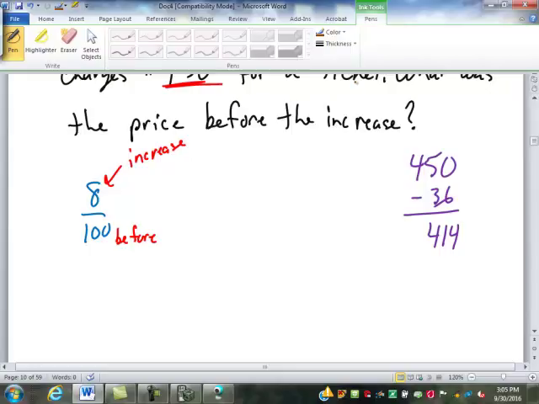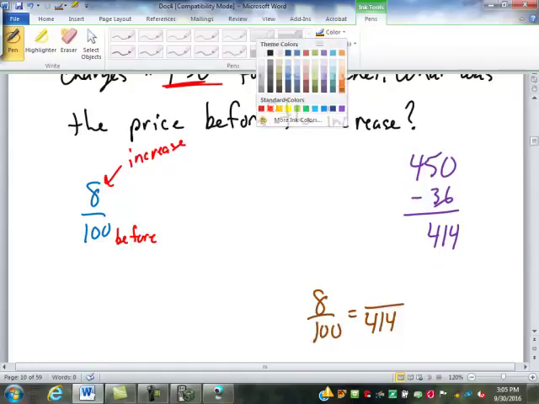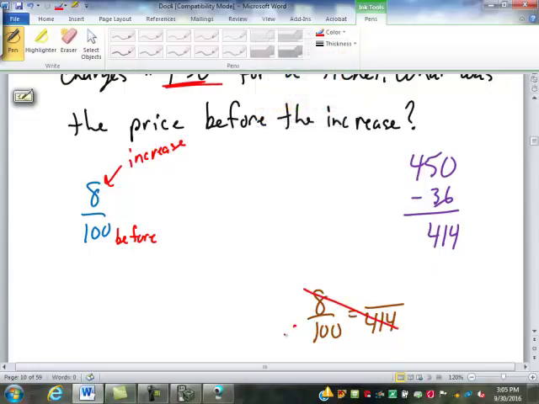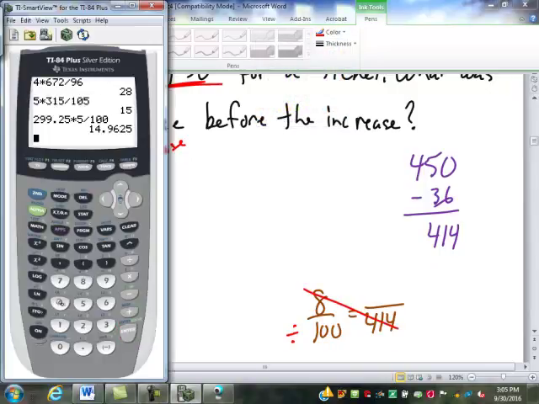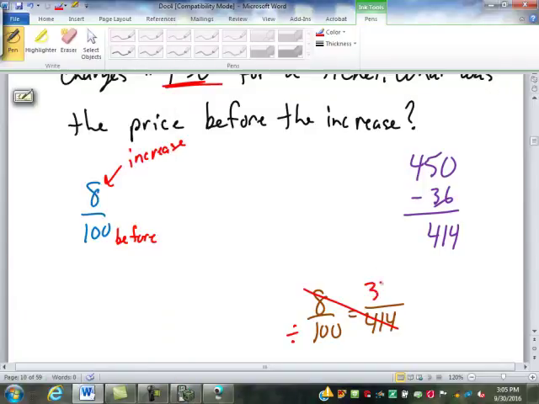If I do an 8% increase on 414, do I get back to 450? So 8% will be 8 times 414 divided by 100, which is going to give us $33.12.